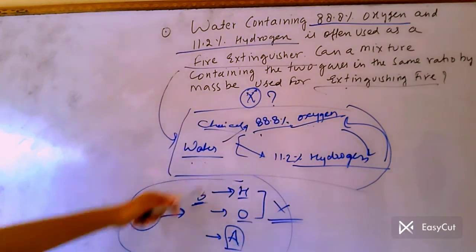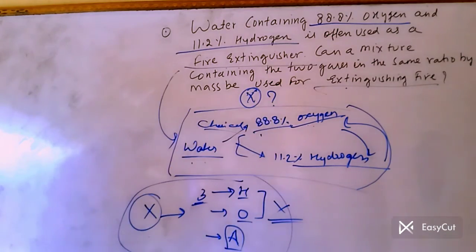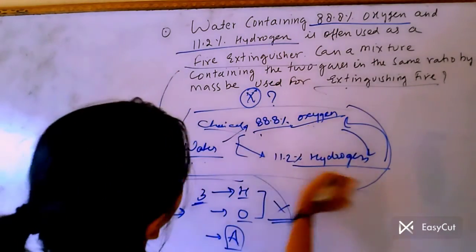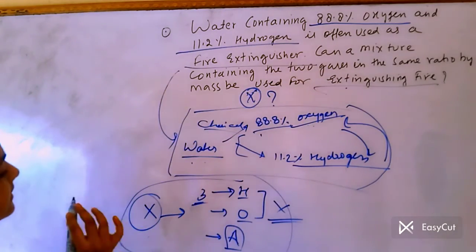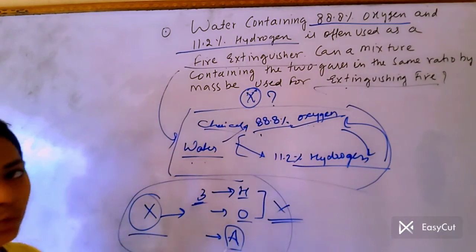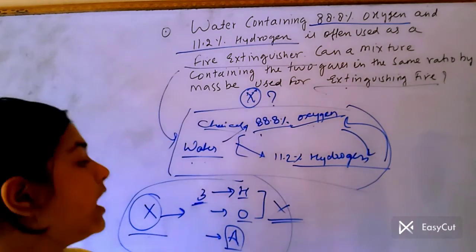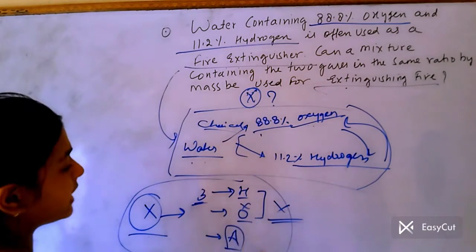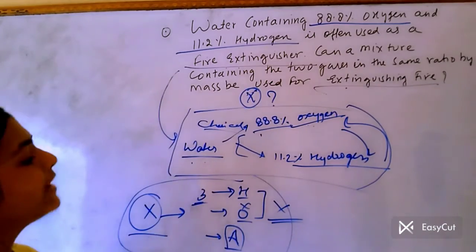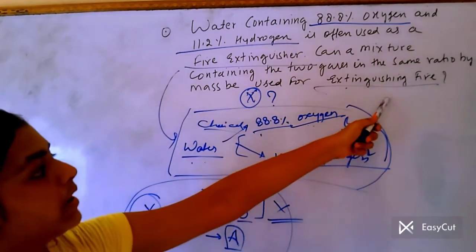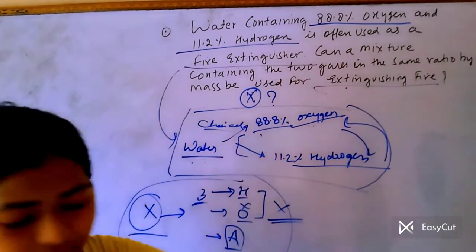Water with these both gases will help in extinguishing fire, means they both work together, whereas in the mixture they won't, because they are not chemically bonded. When they don't have a bonding, when they don't know each other, why would they help together for extinguishing the fire?